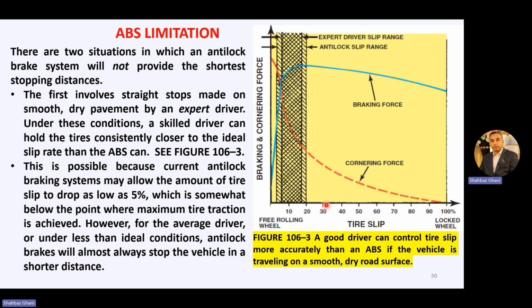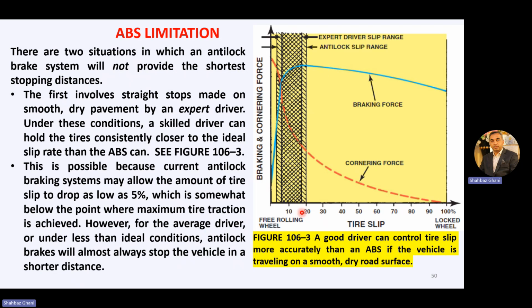On our x-axis, we have tire slip from 0 to 100%. At 0, we have a free rolling wheel, and 100% means a locked wheel. Tire slip is maximum at the locked wheel. On our y-axis, we have braking and cornering forces. Blue is the braking force and red dotted is the cornering force. This is the region where the expert driver's slip range can give a shorter distance than the anti-lock braking system, when slip drops as low as 5%.